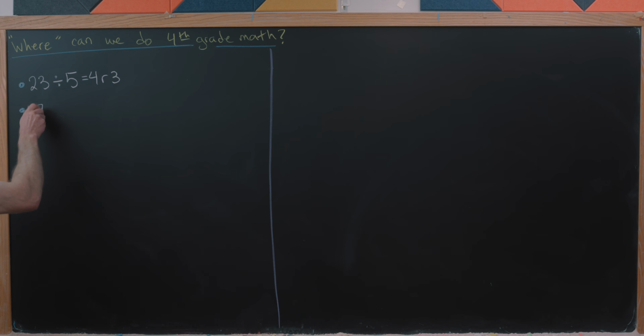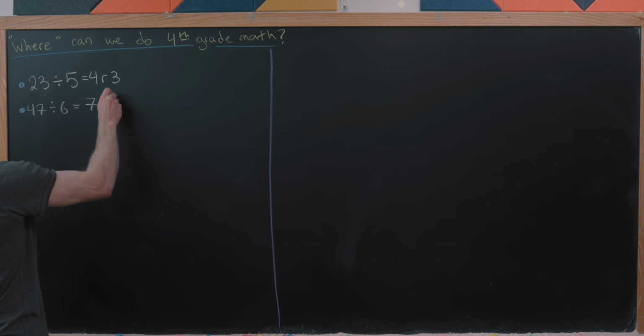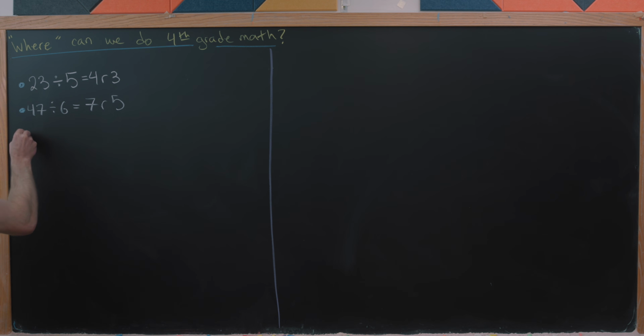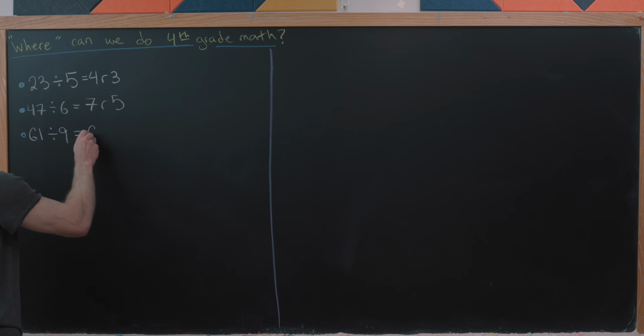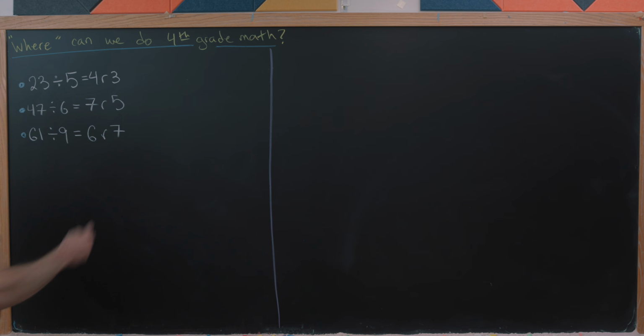Or you might have 47 divided by 6 is equal to 7 remainder 5. Or maybe finally, for one more example, you might have 61 divided by 9 is equal to 6 remainder 7.